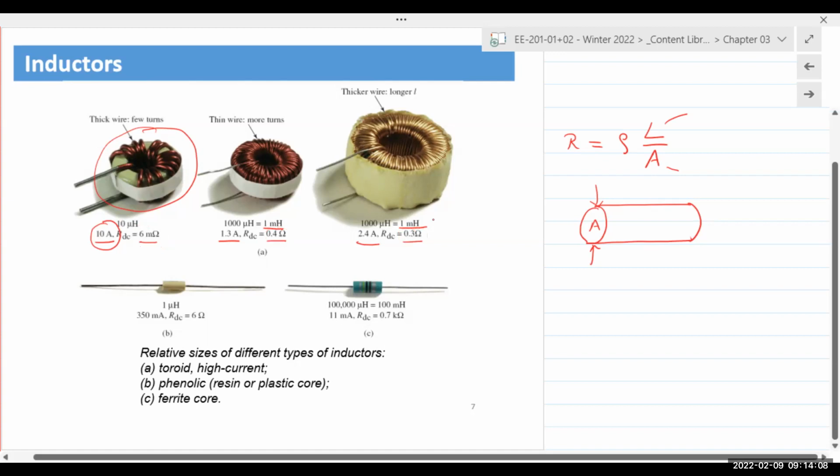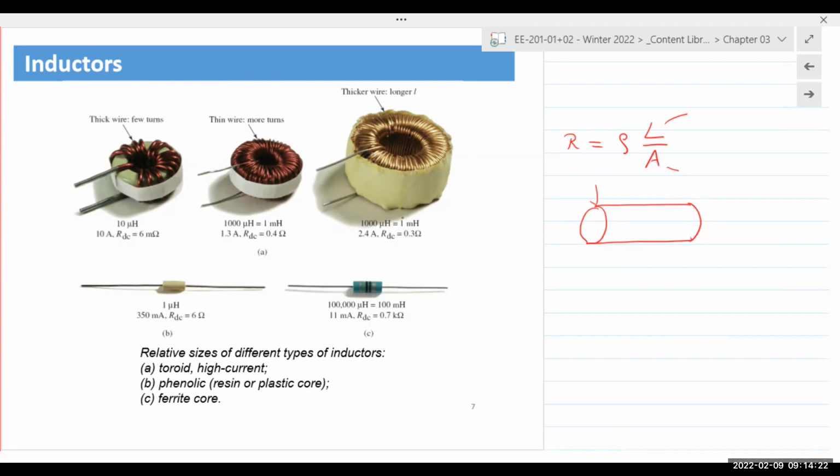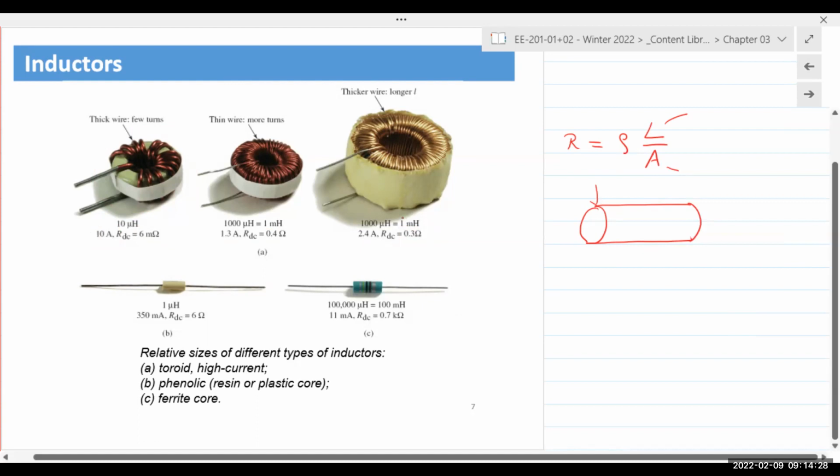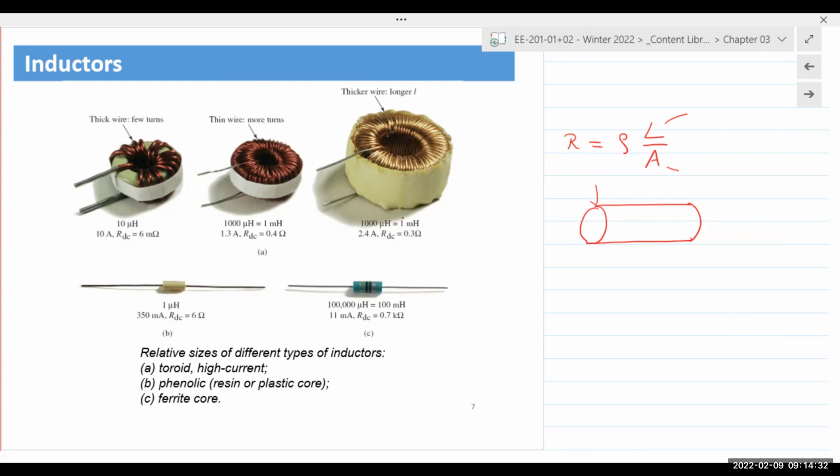Again, this is just to illustrate how the physical material and construction of the inductor affects not only the inductance level, but also the current carrying capabilities of that inductor. All right. Does that make sense? And then these two are smaller scale inductors.